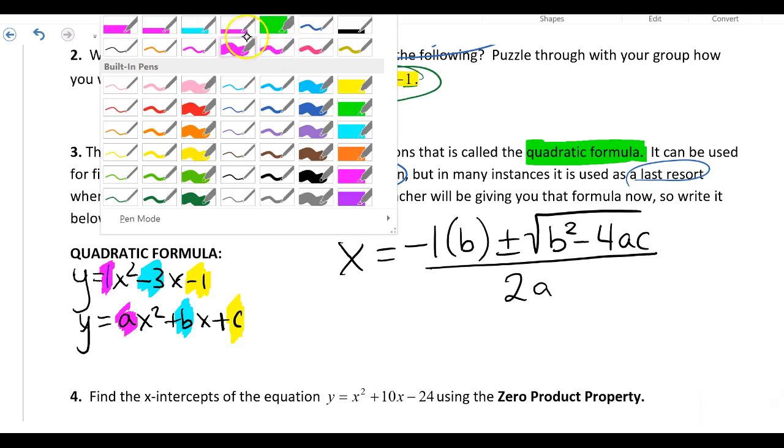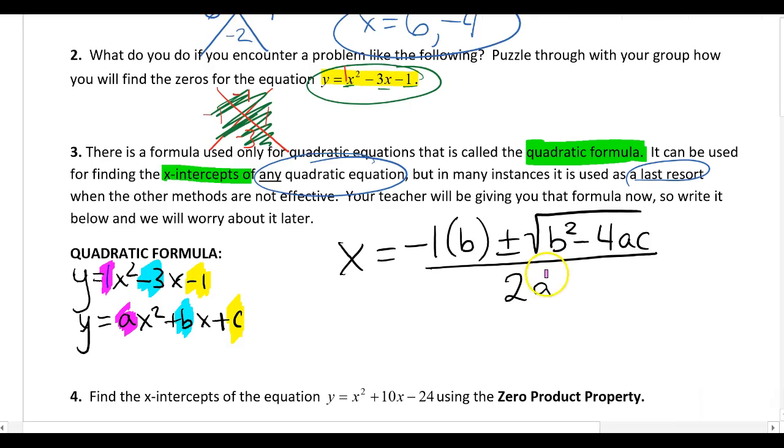There is a place that it came from, but I'll have to show you that in class another day. But let's just go with it. We have an equation, it works, and we've got to know it and how to use it.